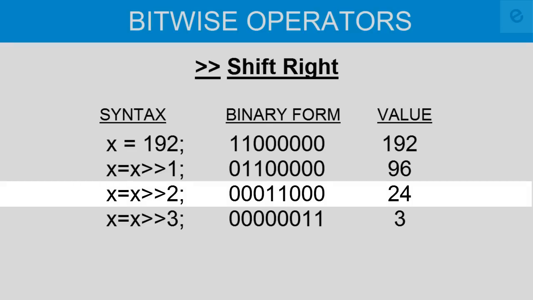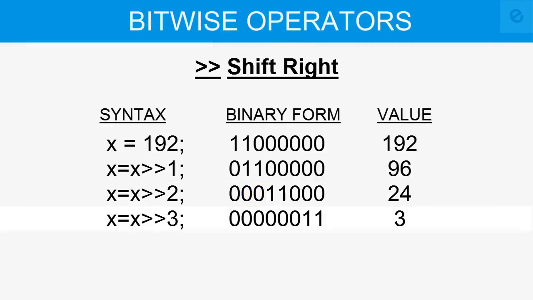In the third step, again the value of x has been right shifted by two places. As you can see, two places have been shifted and the final value of x is 24. While in the fourth step it has been right shifted by three places.